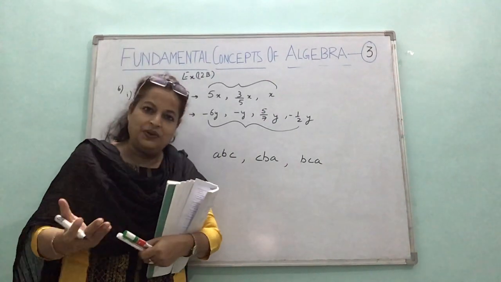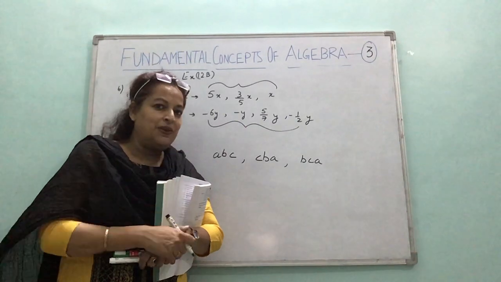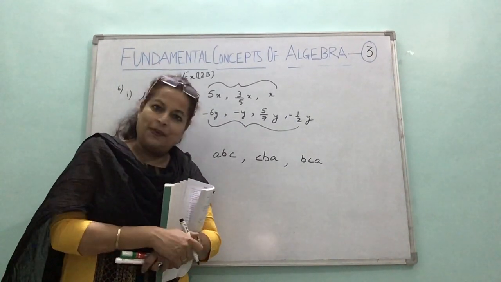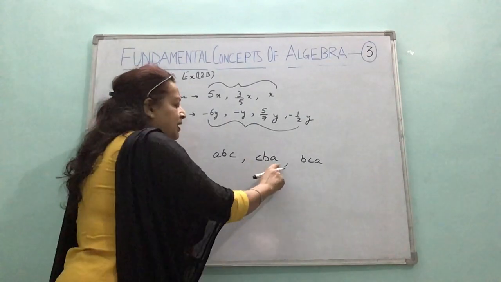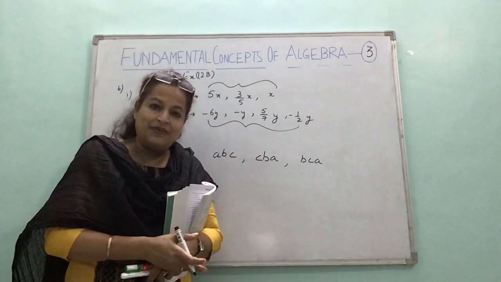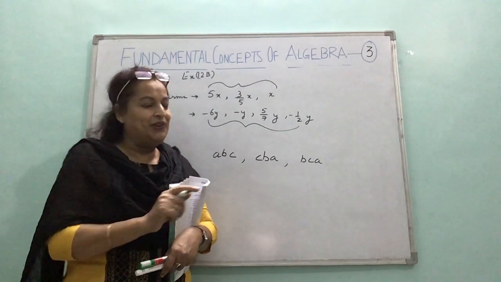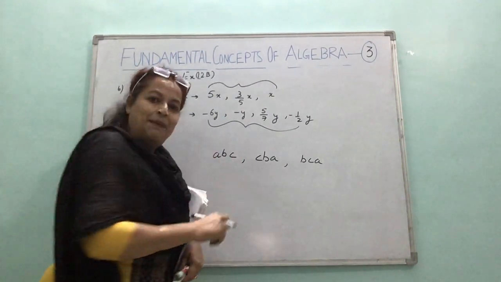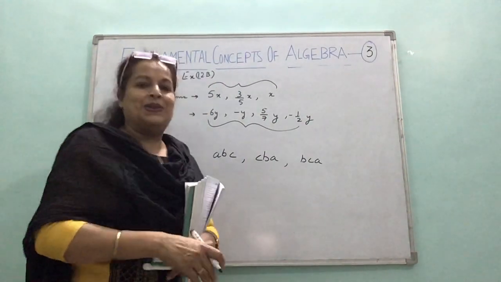Whether it is 2 into 3 or 3 into 2, the result is the same, right? We have done it in the whole number chapters. The same thing applies here. If the order is ABC or CBA or BCA, they are the same. So all these are like terms. So do not get confused. We should see which ones are multiplying each other, same alphabets, then they are like terms, right?